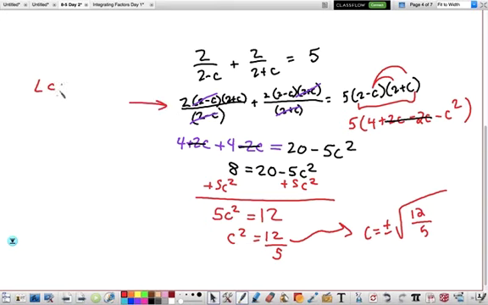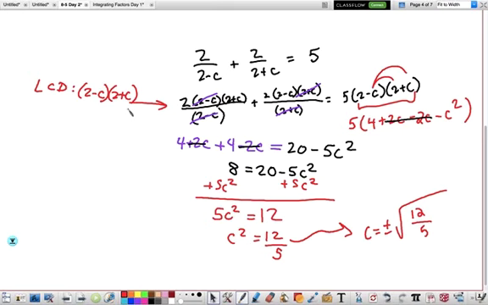Because the least common denominator here is just this times this. So the least common denominator is 2 minus c times 2 plus c. And so if I always multiply by the least common denominator, it will cancel all those things. So you times the 2 times the least common denominator? Yes. Yep. So that's one way to find a nice denominator to multiply by.